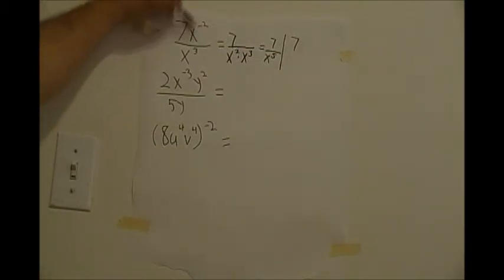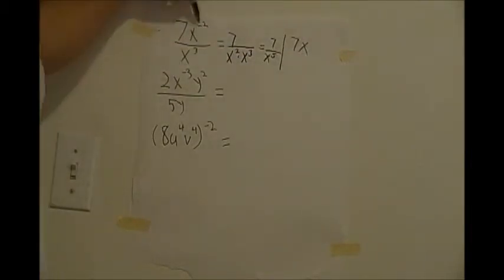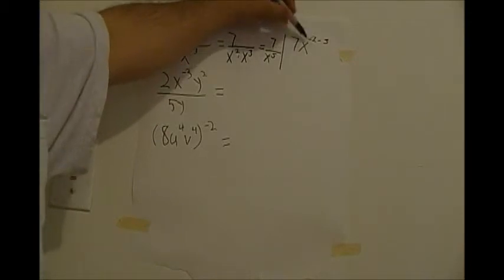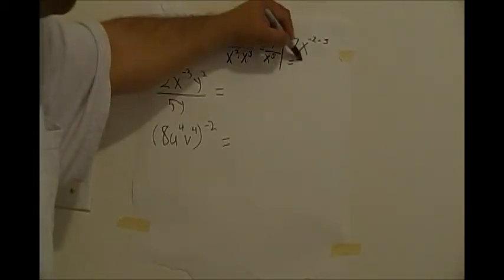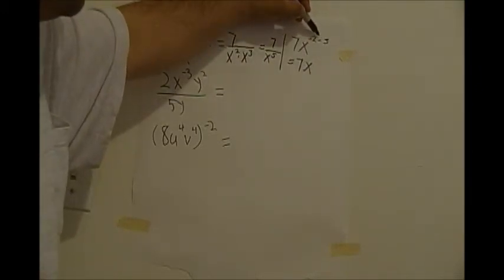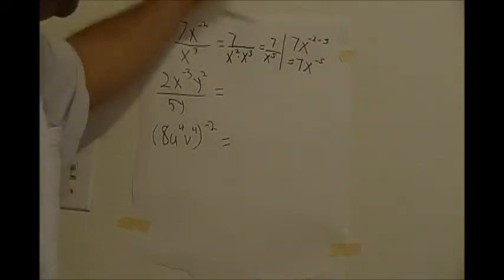Then it's x to the negative 2 divided by x cubed, so it's 7x to the negative 2 minus 3 power. So that equals 7x to the, what's negative 2 minus 3? That's going to be negative 5, because when we have negatives like that, we add the 2 numbers and get a negative value.